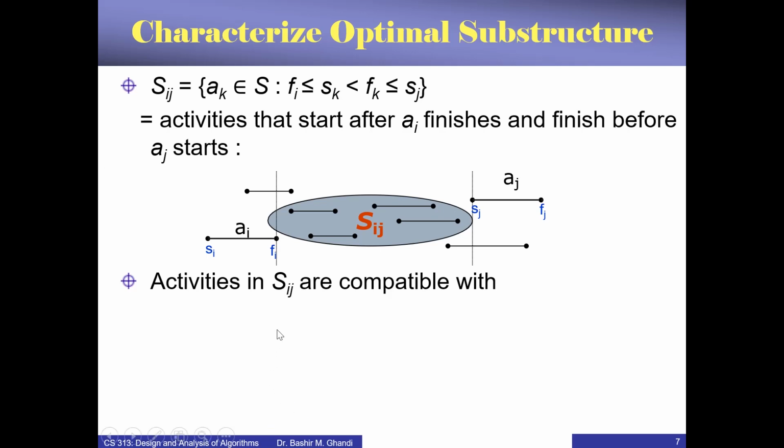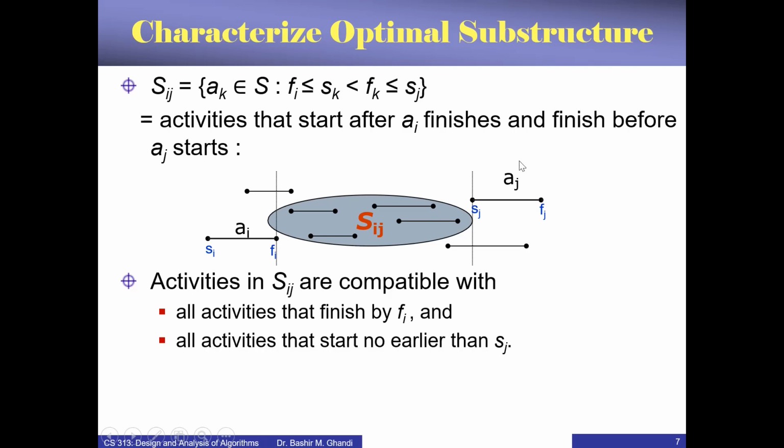Obviously, activities in Sij are compatible with all the activities that finish before Fi. They are compatible with Aj or Ai, for example. Any activities here on the left side will be compatible with the activities in our Sij. Similarly, they will be compatible with activities on the right side here.